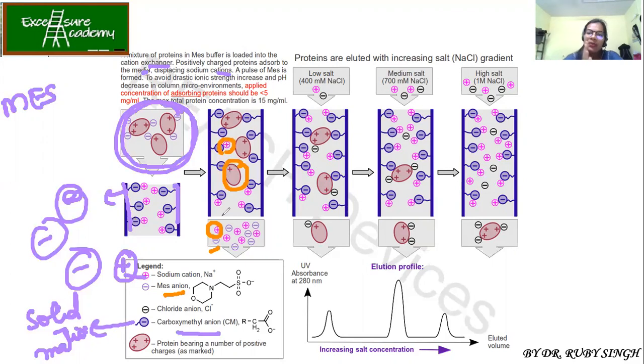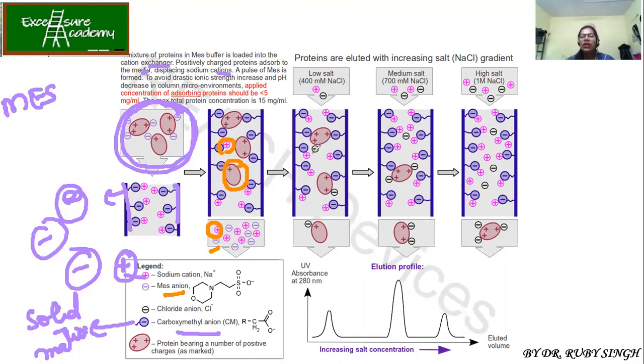Instead of Na plus, your positively charged protein will get bound to the negatively charged solid matrix, and in the elution you get your Na plus and Cl minus. So we have got the positively charged protein over here.